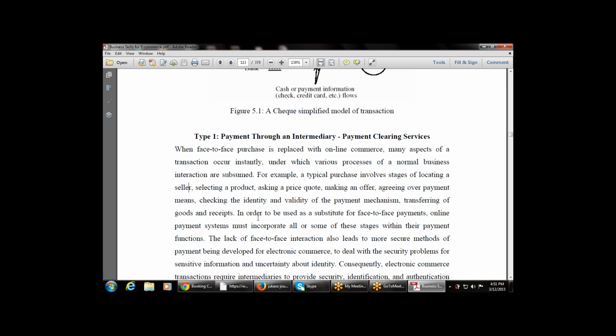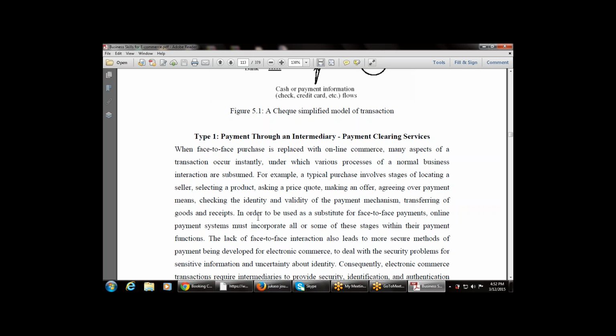The lack of face-to-face interaction also leads to more secure methods of payment being developed for e-commerce, to deal with the security problems for sensitive information and uncertainty about identity.